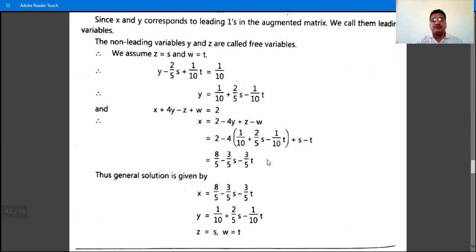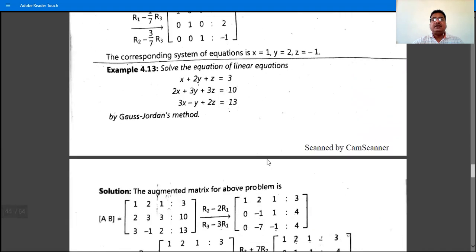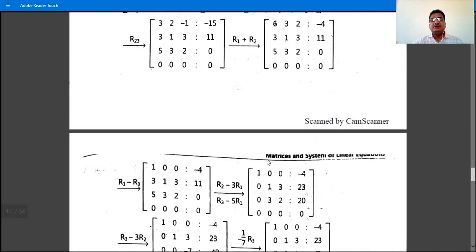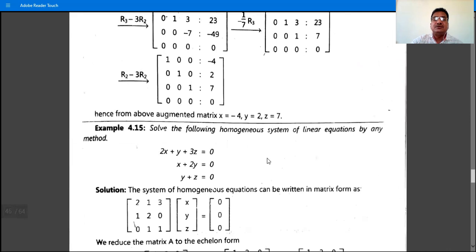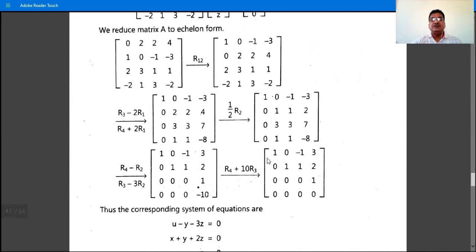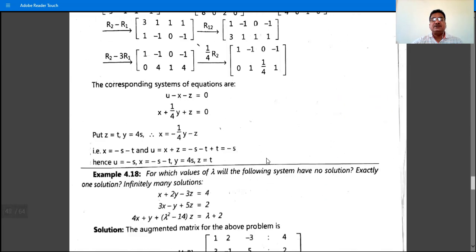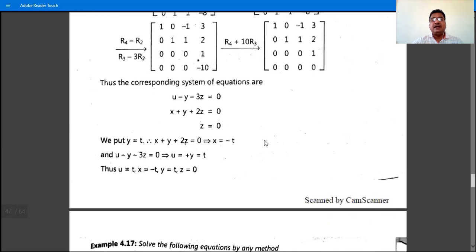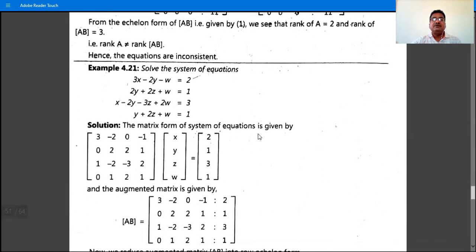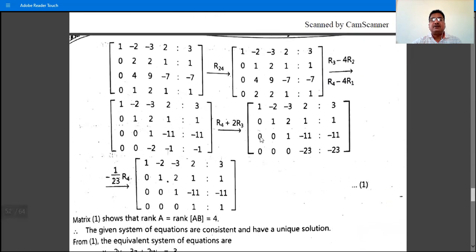First test the consistency of the system, that is, whether the given system is consistent or inconsistent. If the system is consistent, then find its solution. But if the system is inconsistent, then the system has no solution. So first test the consistency of the system and then solve it.